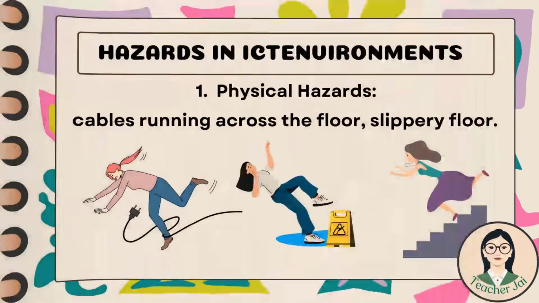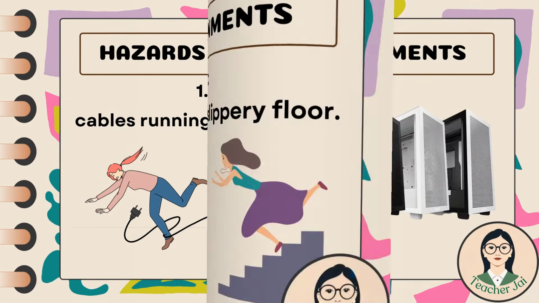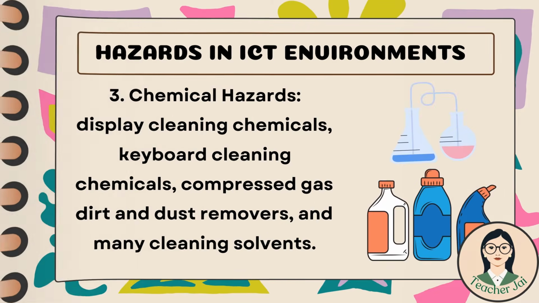1. Physical hazards: cables running across the floor, slippery floor. 2. Mechanical hazards include rotating machine parts, reciprocating motions, and transverse motions. Example: computer chassis. 3.